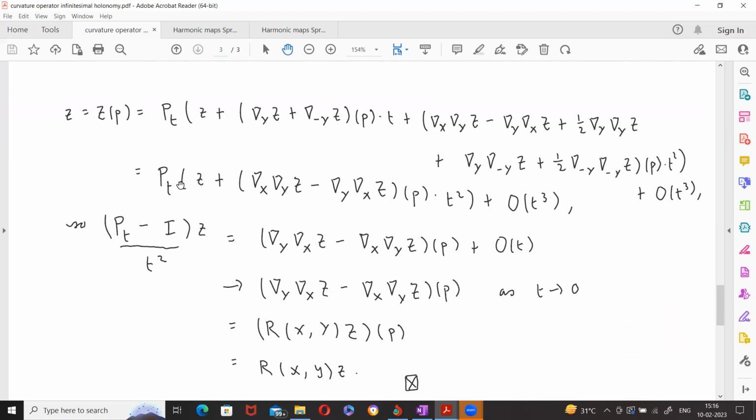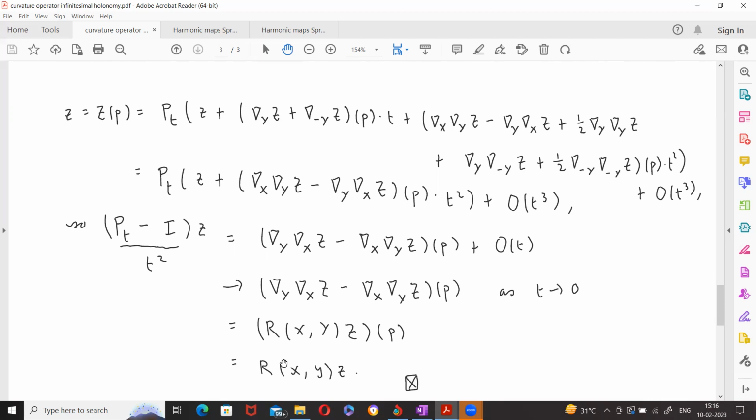Okay, so you bring this z to the other side, take these terms to the other side, and you divide by t squared and you get this result.